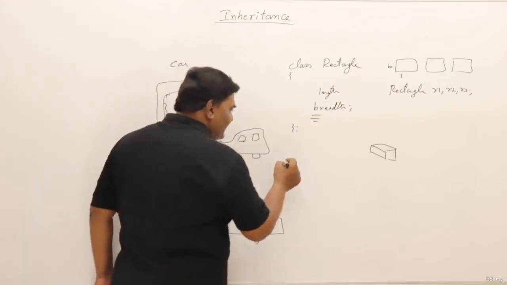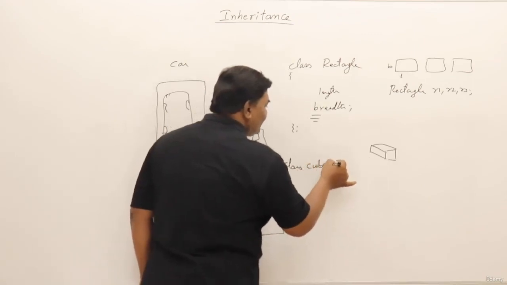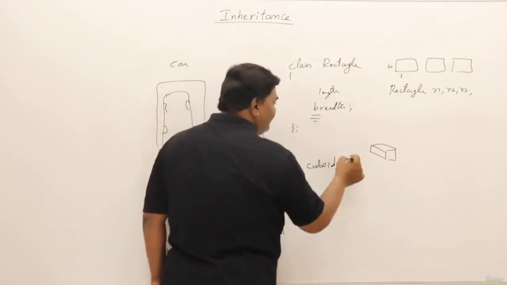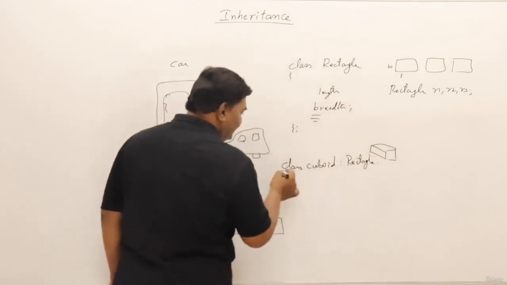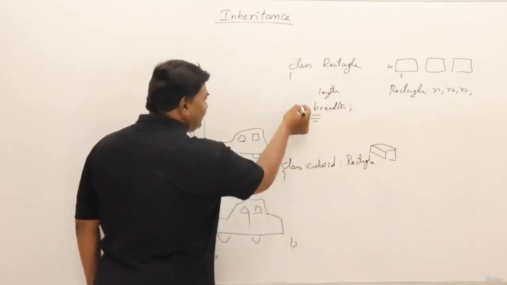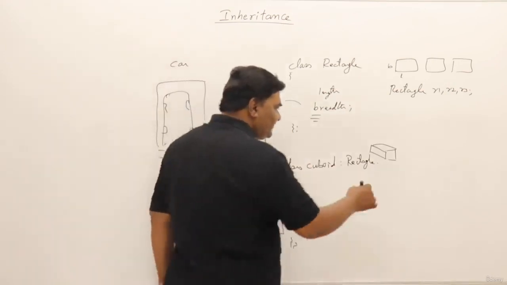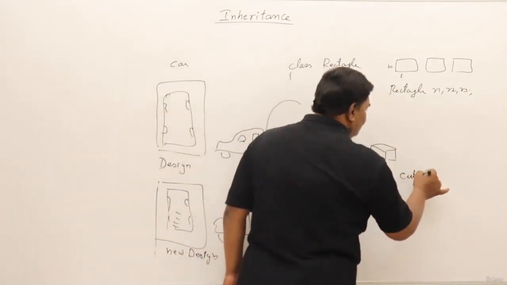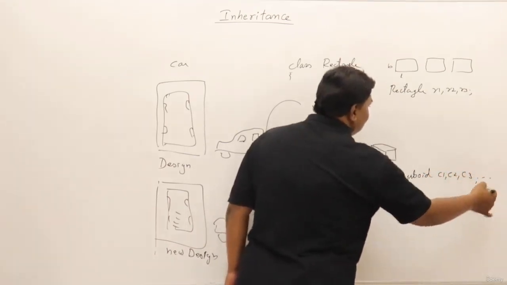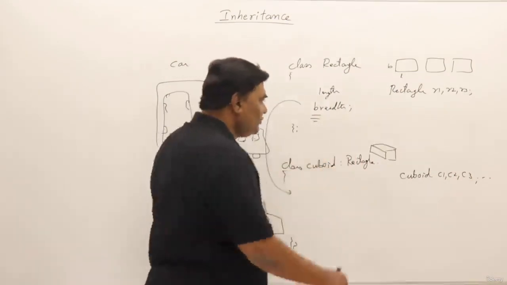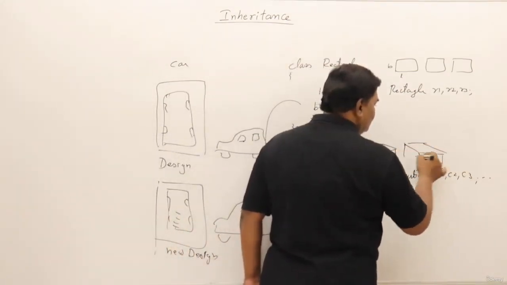So I will say class cuboid should extend from rectangle, that is, inheriting from rectangle. I want everything that is there in rectangle to be borrowed here also. Then when I create objects of cuboid, C1, C2, C3, so on, the objects of cuboid can be created with various dimensions, whatever I like.